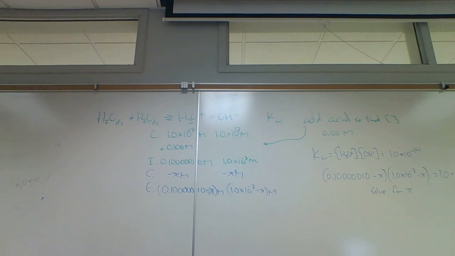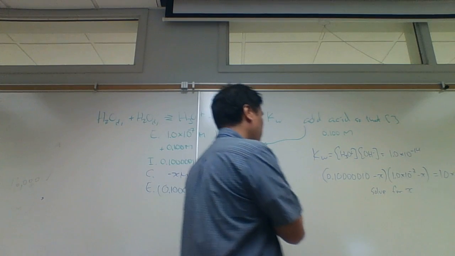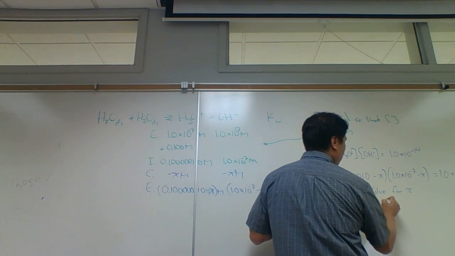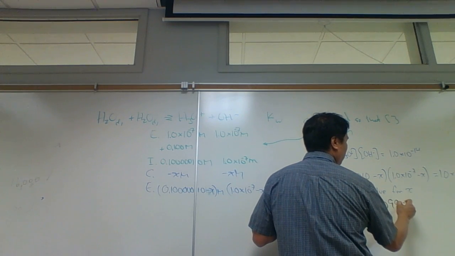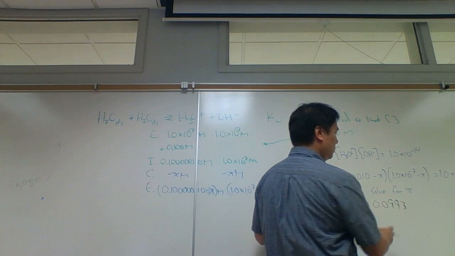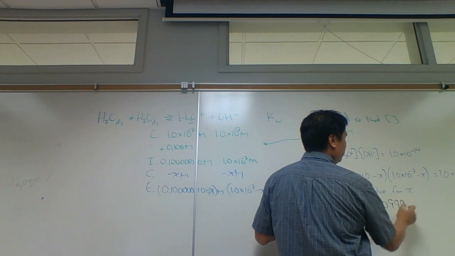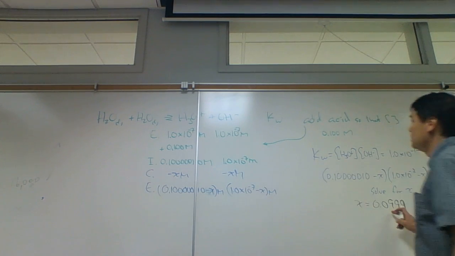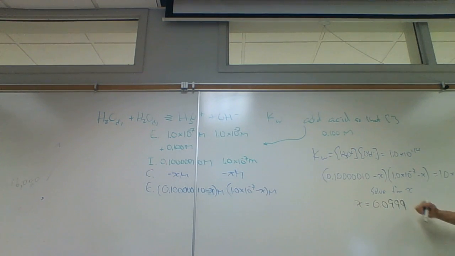Okay. X equals 0.093. I'm sorry? All nines? 0.099. Okay, let's see. We're allowed 2 sig figs, so I guess we'll just carry it like that.